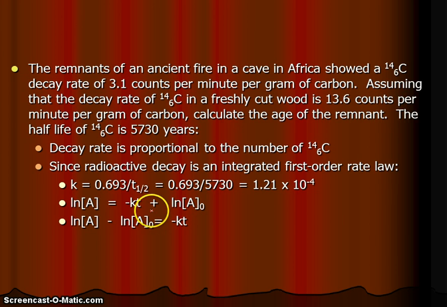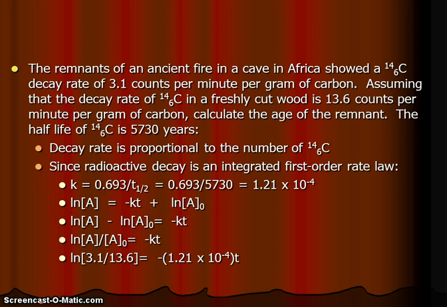We subtract the natural log of the initial concentration of A from both sides, and that gives us the natural log of A minus the natural log of A initial equals negative kt. We can manipulate this a little more and say the natural log of A divided by A initial equals negative kt.